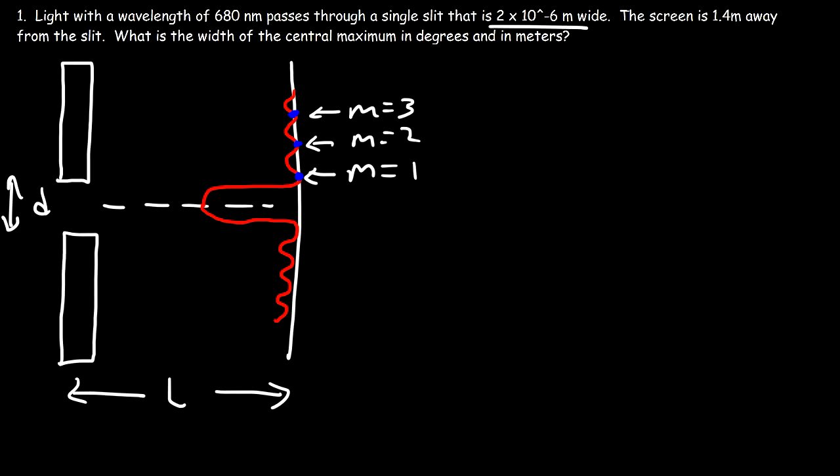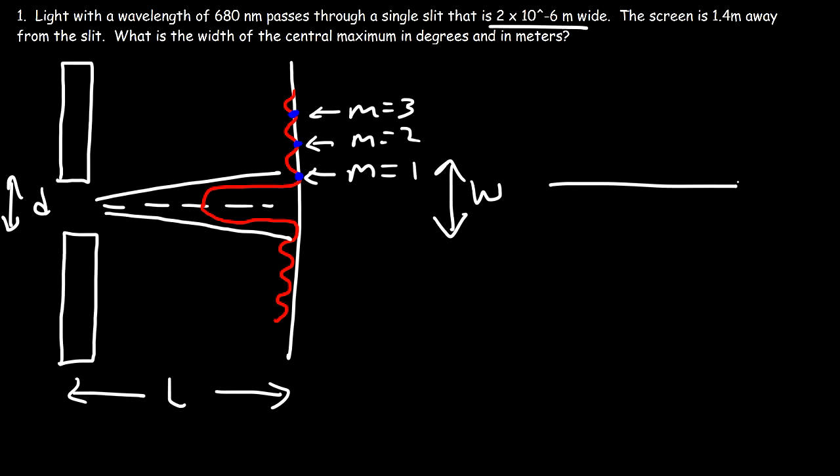So now let's focus on this problem. What is the width of the central maximum in degrees and in meters? So this is the central maximum. So we need to calculate this width right here. So let's focus on the top triangle.